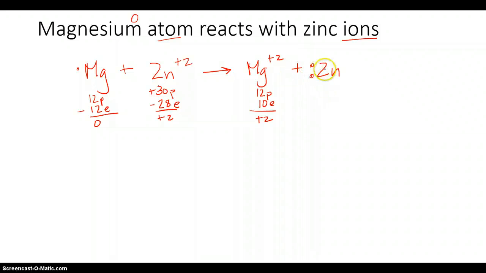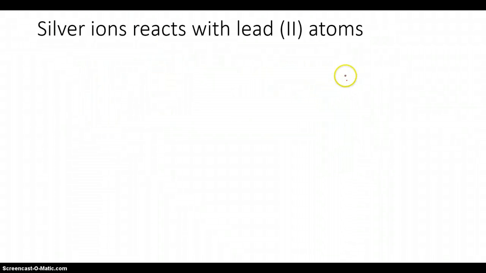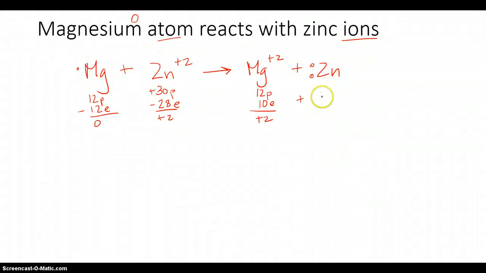In this case here, zinc has gained those 2 electrons, so it has 30 protons, and it has now 2 more than 28 electrons, so it has 30 electrons. And that gives me that neutral charge. So our next step is doing those half reactions.